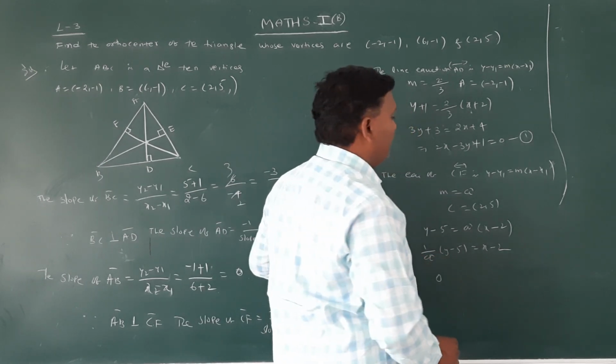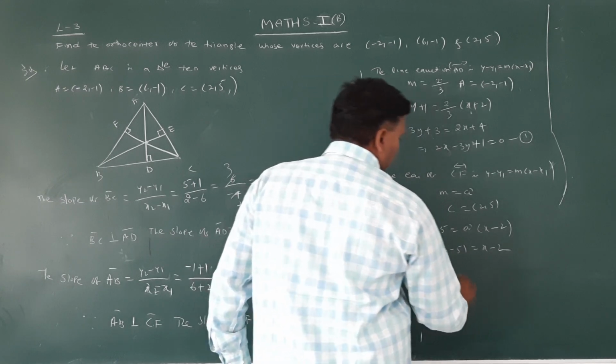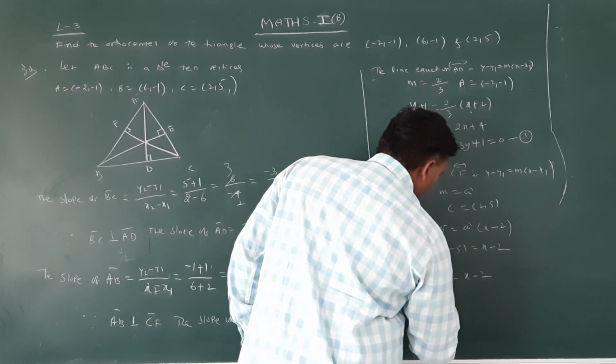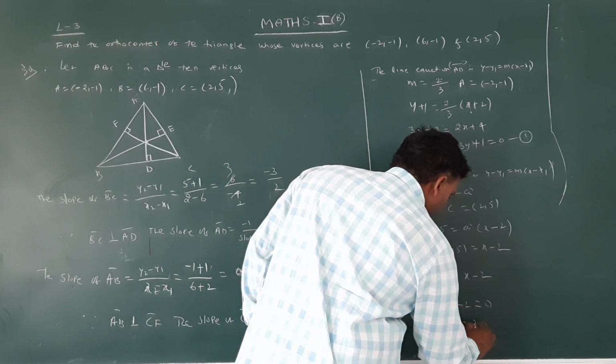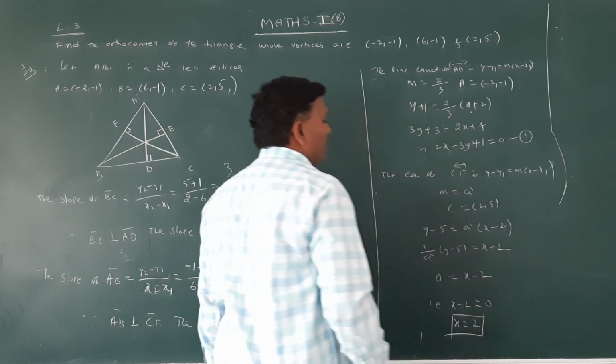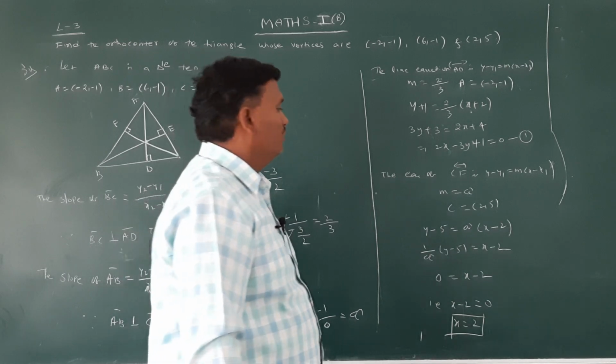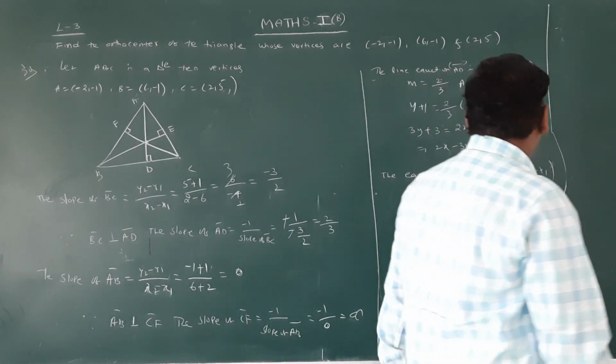What is 1 by infinity? 0. So x minus 2 is equal to 0. X is equal to 2.